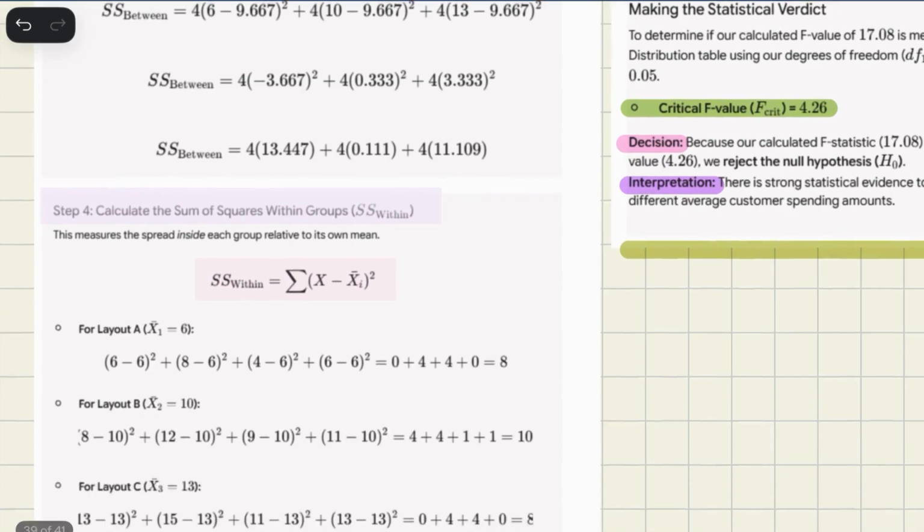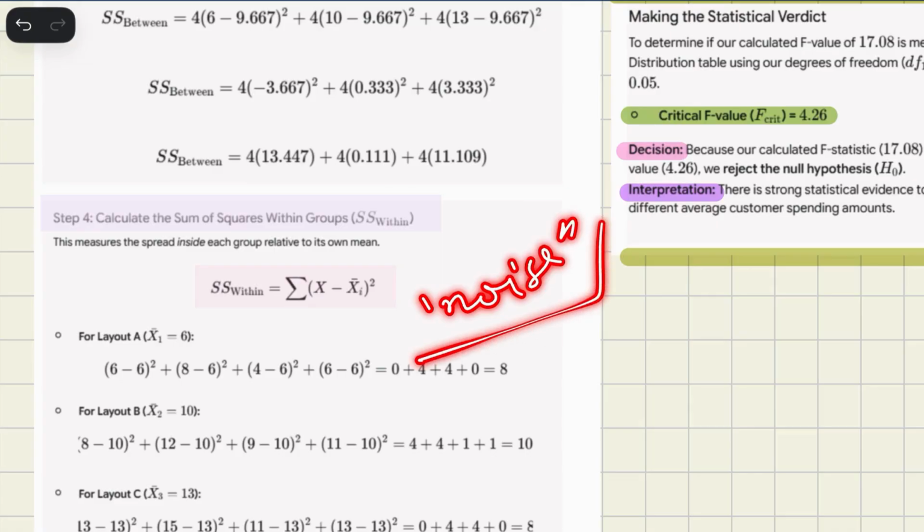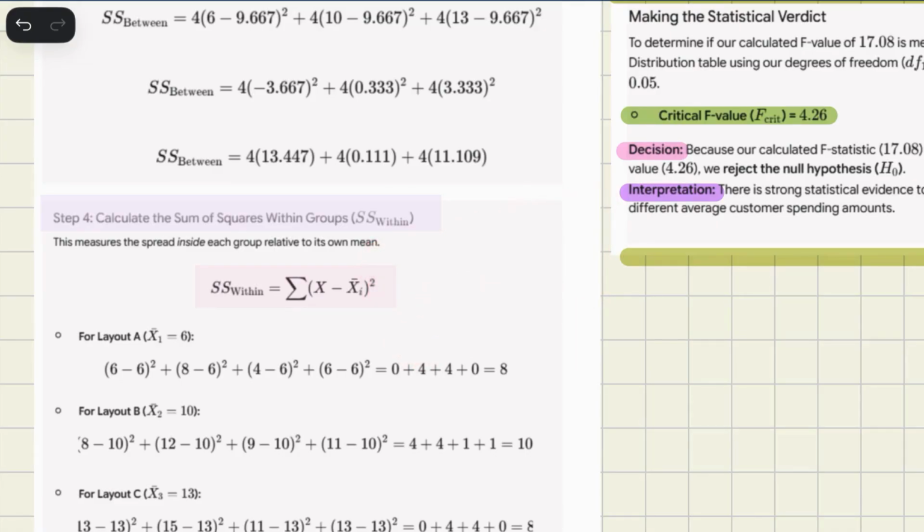Then comes the sum of squares within the groups. Now we need to look at the noise, or the natural variance inside each group relative to its own mean. The formula is the summation of x minus the mean, squared, and we run this calculation on each individual customer column.